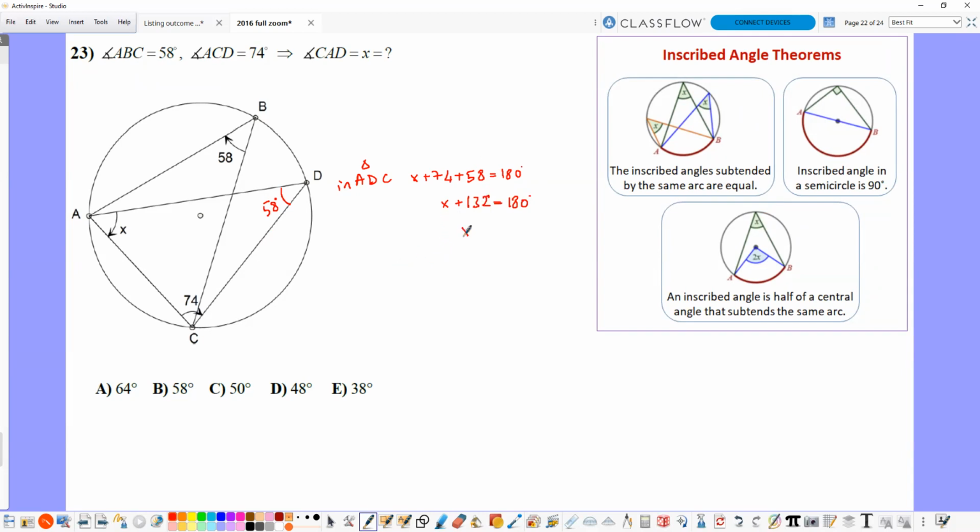And x is going to be equal to 180 minus 132, so x is equal to 48, which is D.